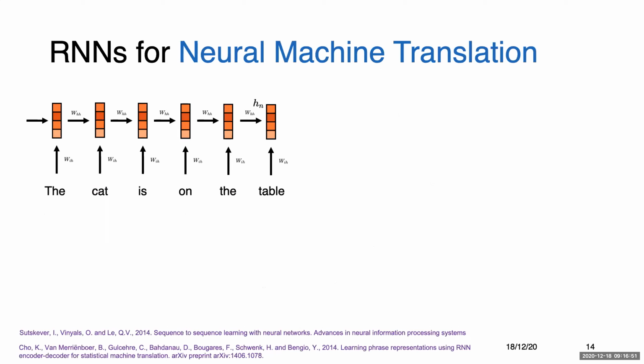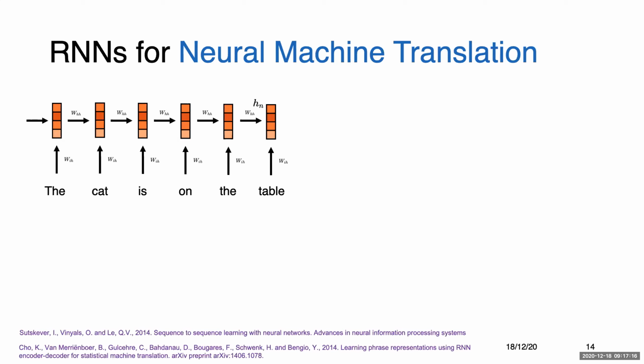So let's move on to neural machine translation. That is probably one of the biggest success stories in the usage of recurrent neural networks in the NLP community. Here we have a first neural network, a first RNN, which gets the source sentence that we want to translate, for example, the sentence "the cat is on the table."